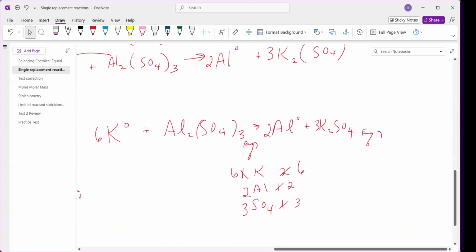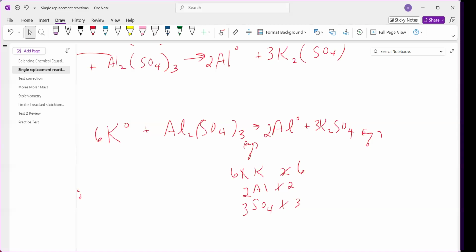What's the spectator ion? Sulfate, SO4. Nothing happens to it. Your lab doesn't ask it, but I will always ask it on a test. If the reaction goes, what's the spectator ion? So make sure you identify that. Double replacement reactions, we're going to see tomorrow, same question.